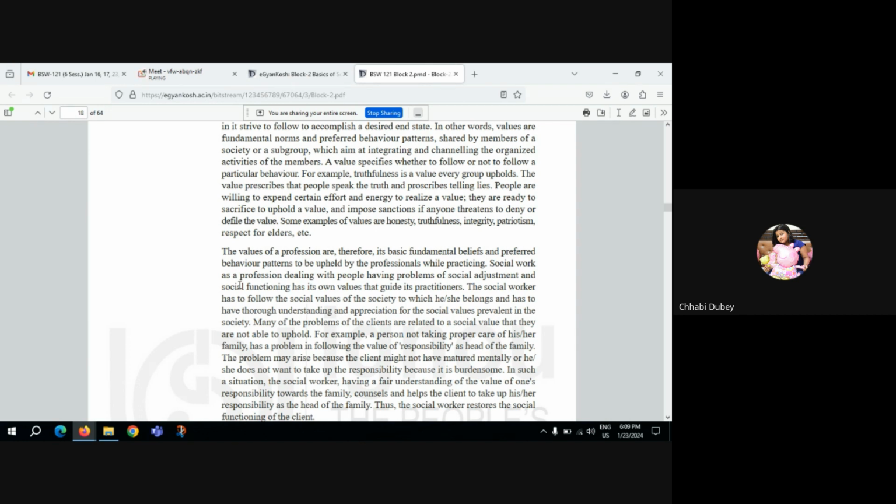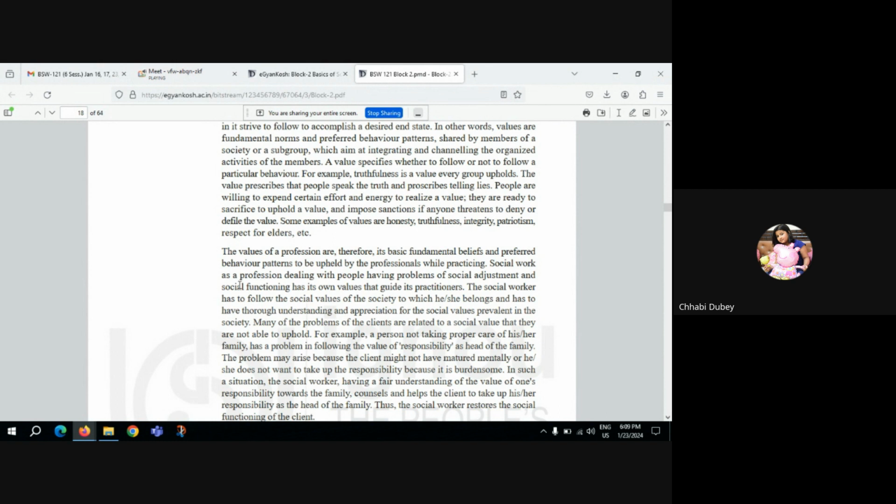Many problems of the clients are related to a social value that they are not able to uphold. For example, an individual may not be able to take proper care of the family, or there may be some other factors leading to non-performance of their roles.